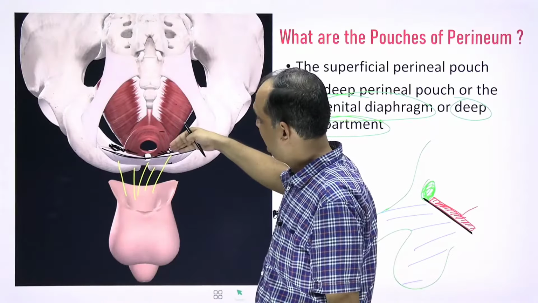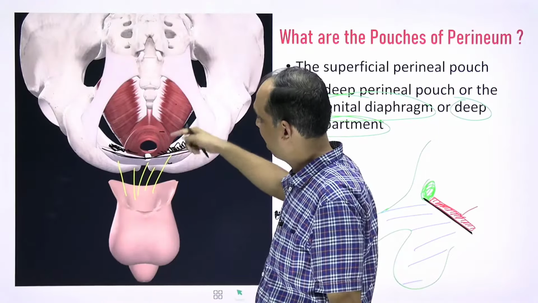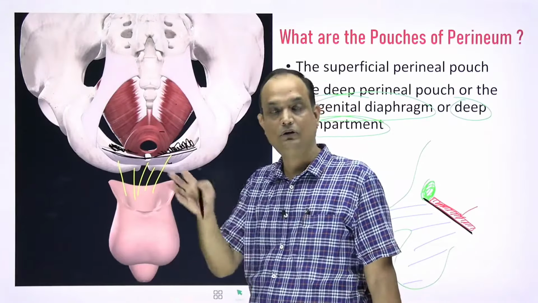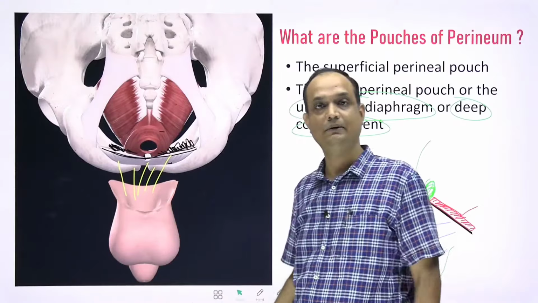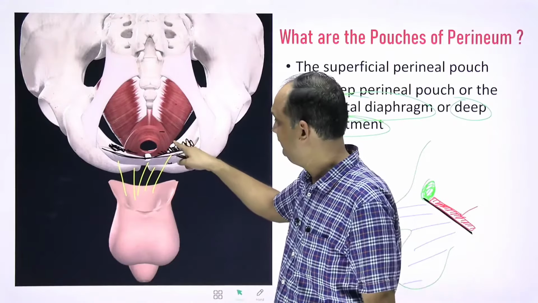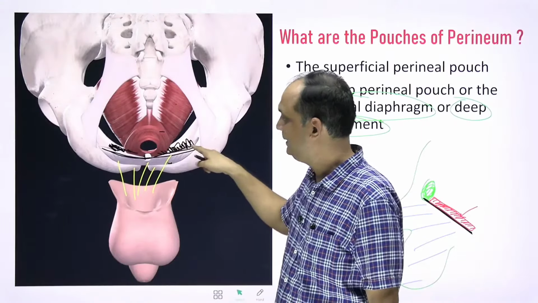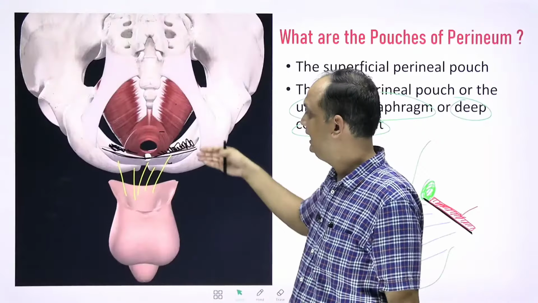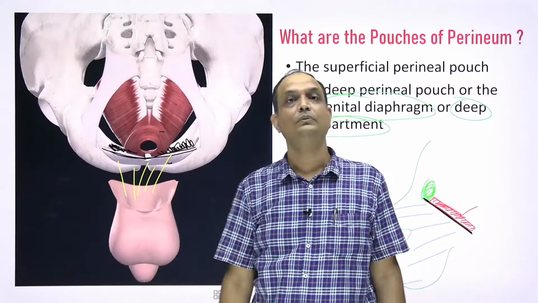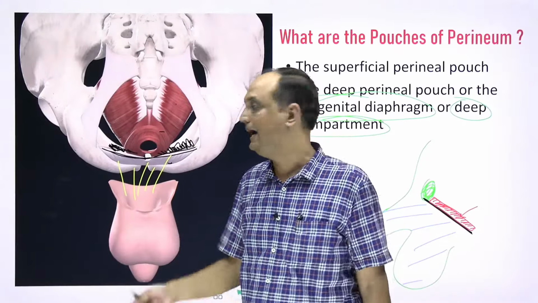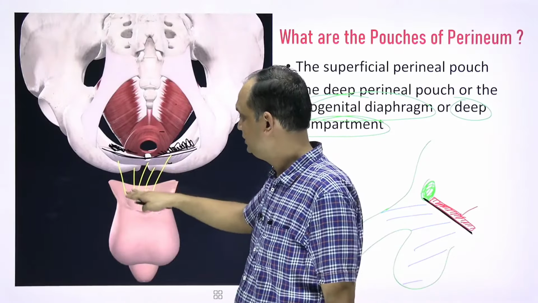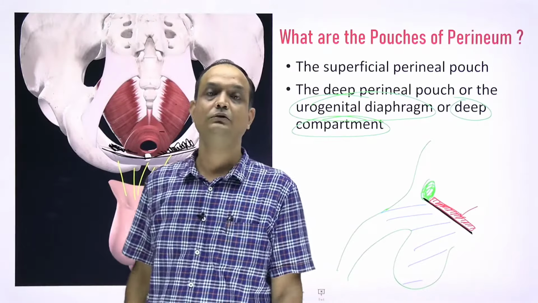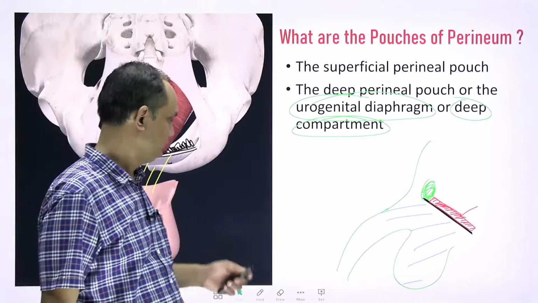The deep pouch is a muscular area between the perineal membrane and the inferior surface of the pelvic diaphragm. This inferior surface of the pelvic diaphragm and the superior part of the perineal membrane have layers of muscles, and these are known as your urogenital diaphragm. And what is the superficial pouch? The area below the perineal membrane is known as the superficial perineal pouch.